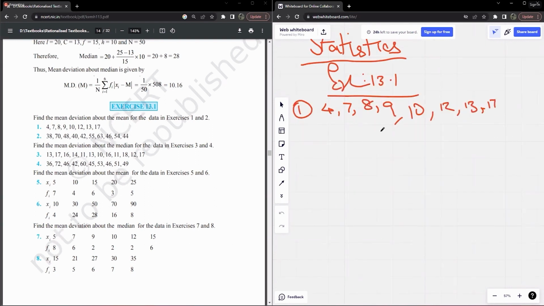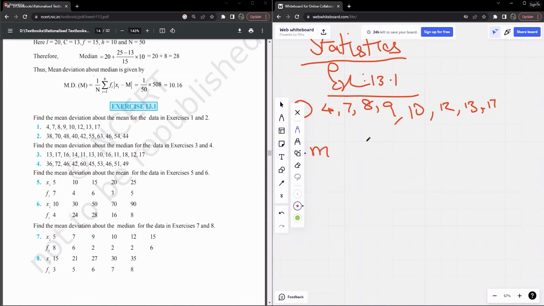The mean of this data set, I'll represent as small m, so we don't get confused.